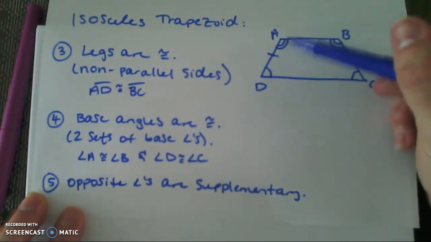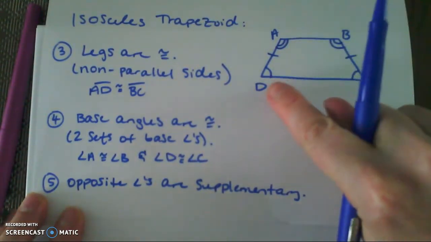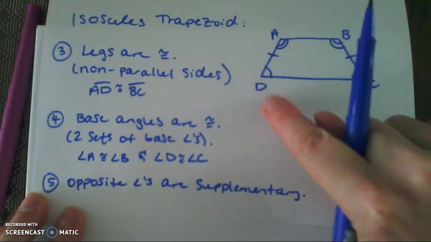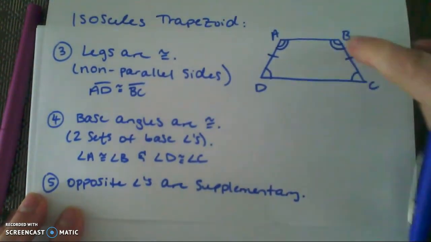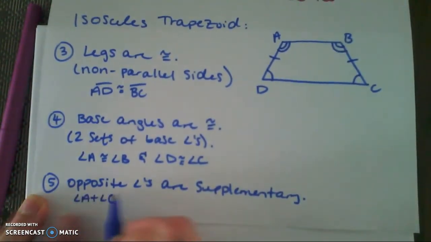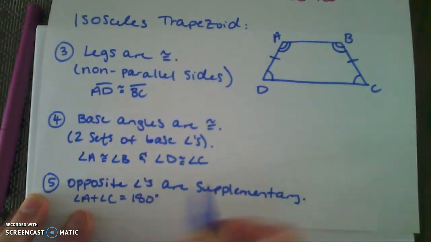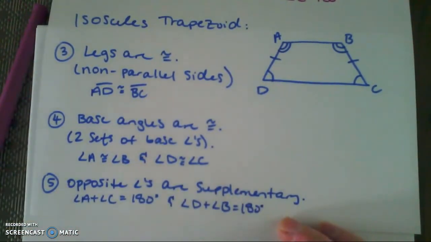So A and D are going to be supplementary to each other, but also now, because it's an isosceles trapezoid, A and C will also be supplementary to each other. So angle A plus angle C is equal to 180. And then angle D plus angle B is equal to 180.